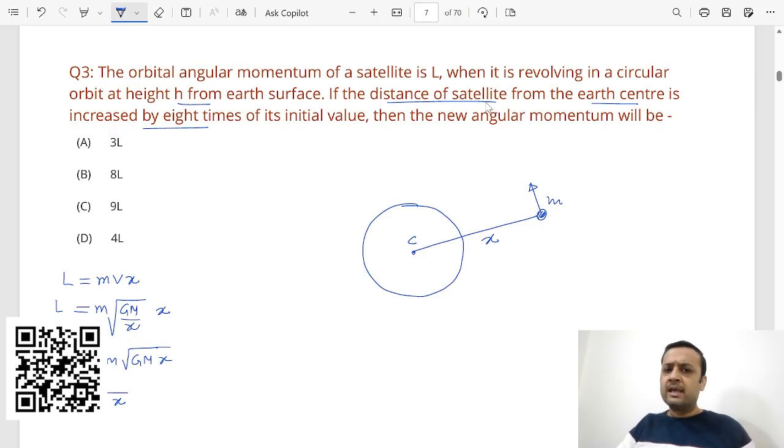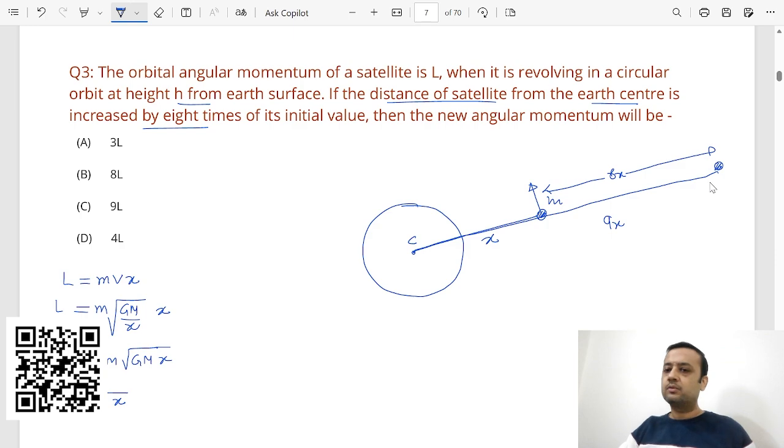Now the question is saying the orbital radius, which is nothing but the distance from the center, is increased by 8 times its initial value. That means right now the orbital radius is x and the incremental value is 8x. So finally the satellite will go somewhere over here, and this distance will become 9x, because the incremental value is 8x.